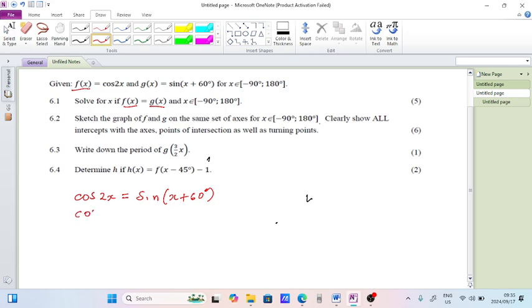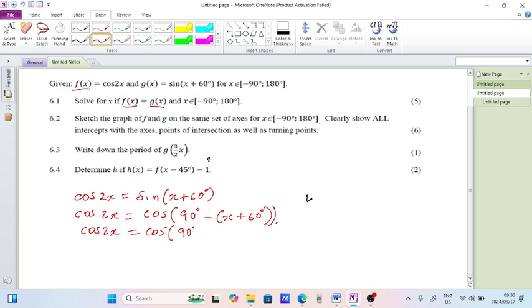So it means this side will be cos of 2x equals the cos of 90 degrees minus, what is the angle? x plus 60 degrees. Then now we must close this bracket. Then now we can simplify this bracket. Cos of 2x equals the cos of, now what do you get if you simplify the bracket?